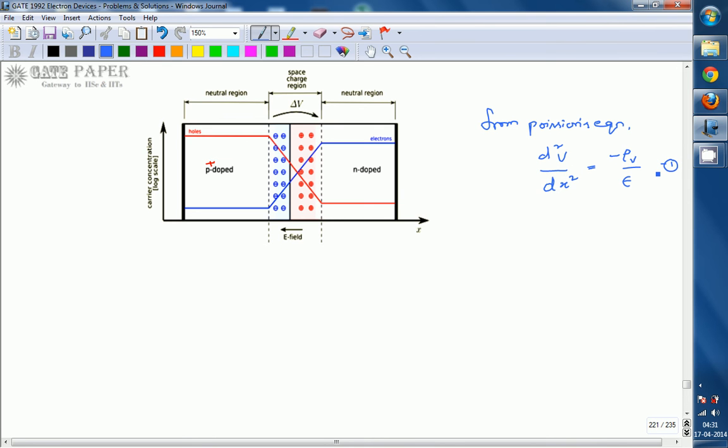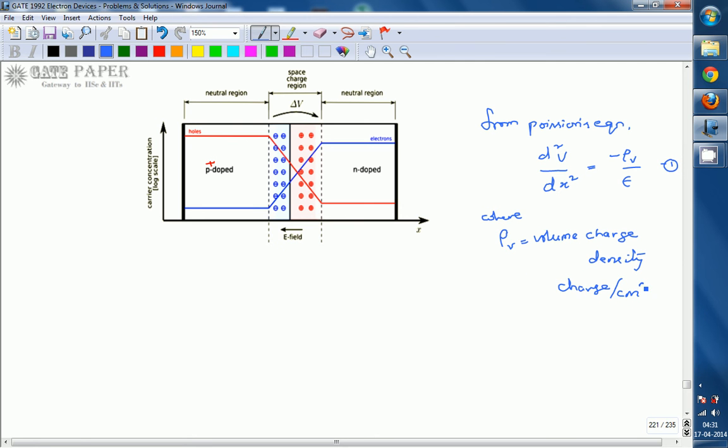Here rho v is the volume charge density, which is charge per unit volume.